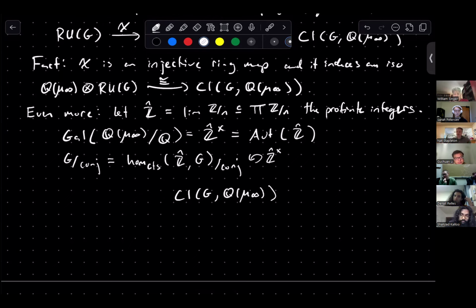So Z hat times acts on these class functions via a conjugation action where I put together the action of Z hat times on G mod conj and the action of Z hat times on Q adjoin mu infinity, since it's the Galois group. So that gives us an action here. And this character map lands in the fixed points for this action.